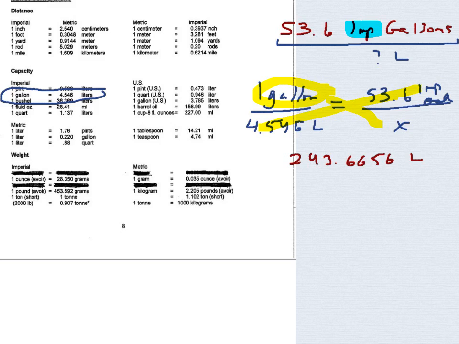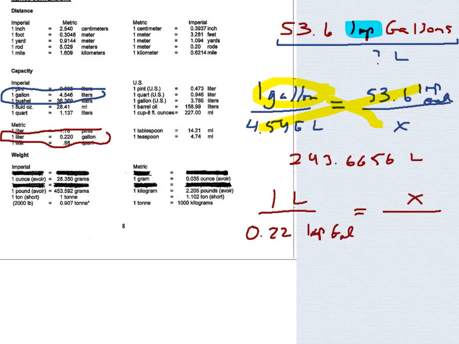There's also another conversion on the table from metric to imperial here. And that says, on the left-hand side of the table, 1 liter is equal to 0.22 imperial gallons. So how many liters is on the x? x on the top would be the equivalent to 53.6 imperial gallons.